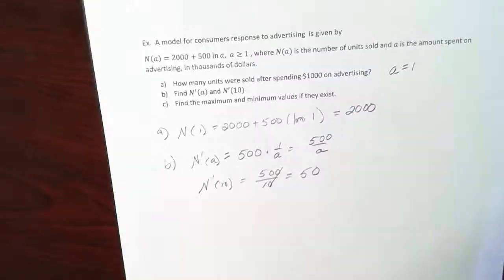Find the maximum and minimum values if they exist. So if we're looking for a max or min here, then we need to find our critical values. And since our derivative fails to exist at 0, that's our critical value.